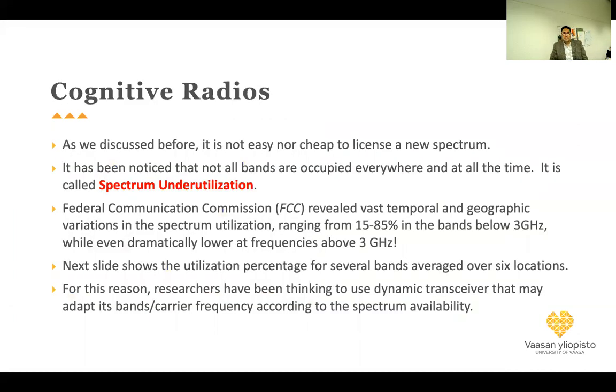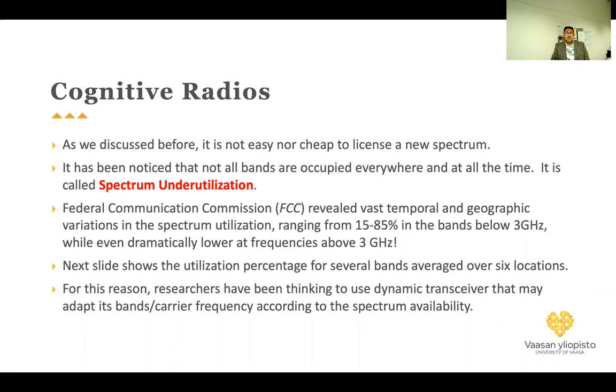So what is cognitive radio? Actually, as we have already seen, most of the spectrum is already occupied or licensed. So it is not possible to just come and start transmitting in the spectrum. The process is very long and also very costly.